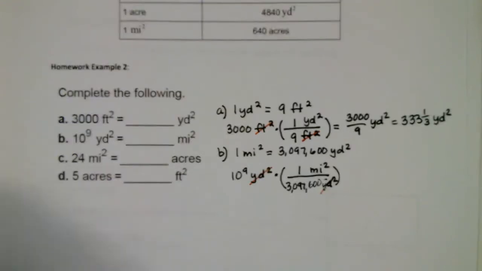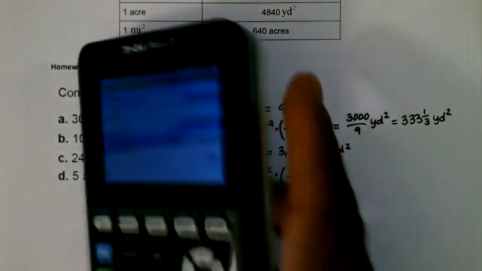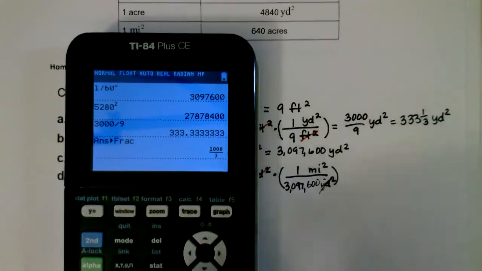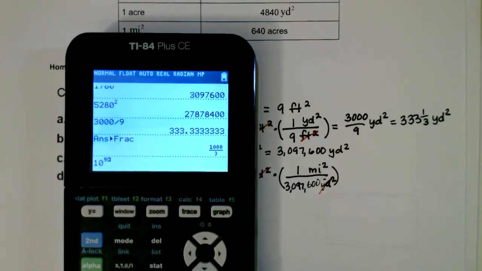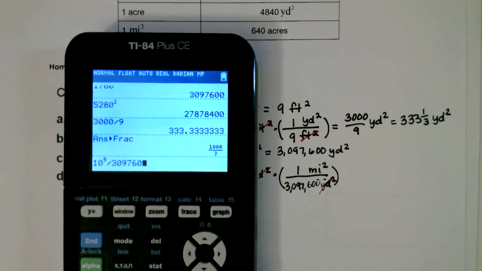So now I'm gonna have 10 to the 9th, and I'm gonna do this on the calculator here. 10 raised to the 9th divided by 3,097,600.